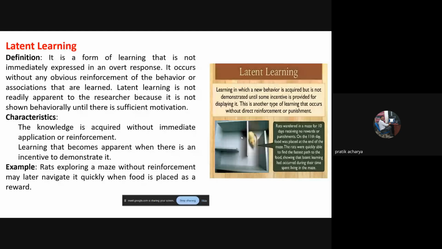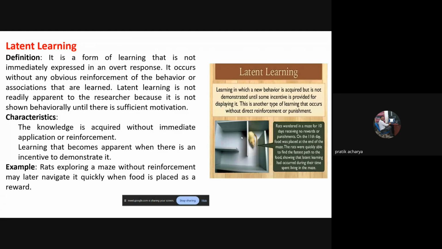If there is no reward, the rat will definitely take more time to reach the end. If there is certain food or rat-loving substances, the rat is able to quickly find the fastest path to the food, showing that latent learning had occurred during their time spent living in the maze.